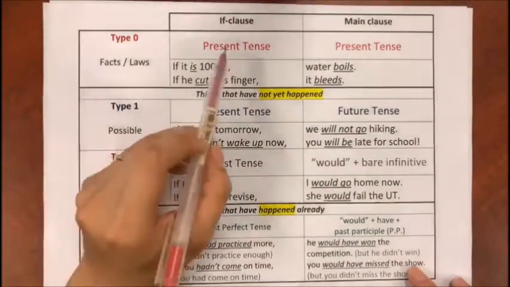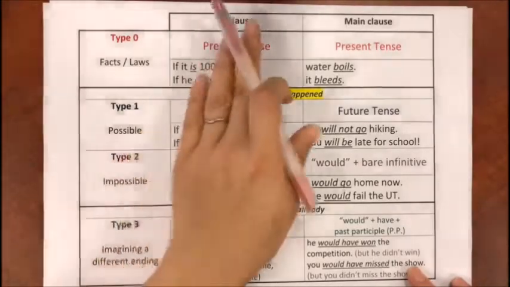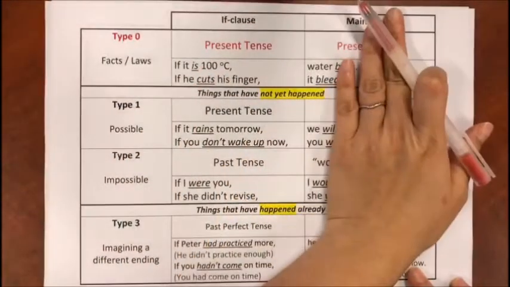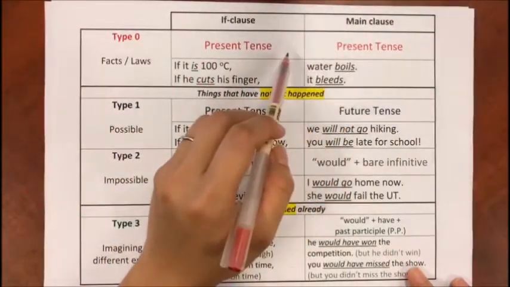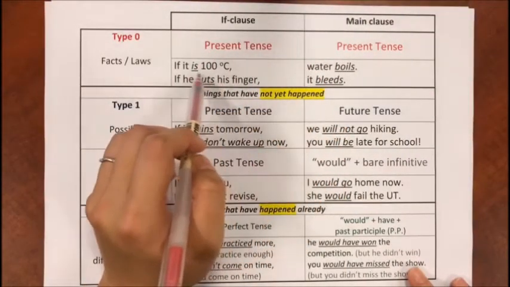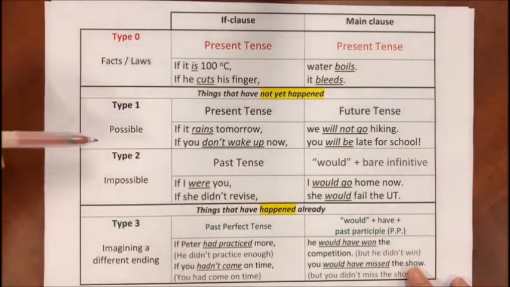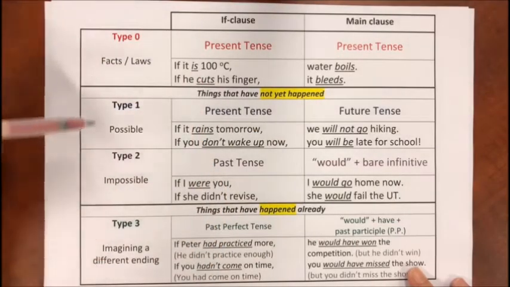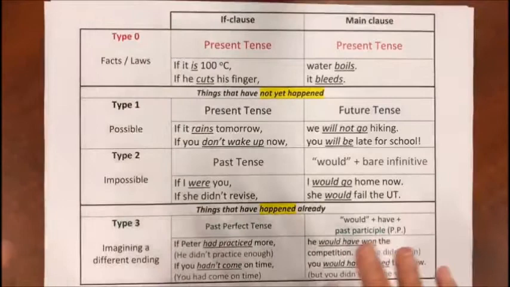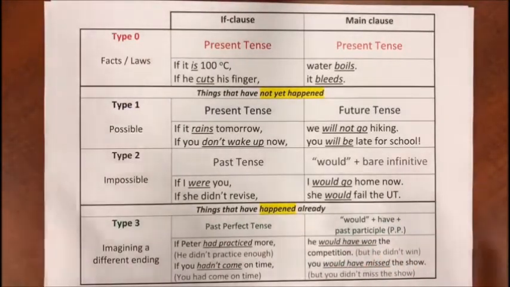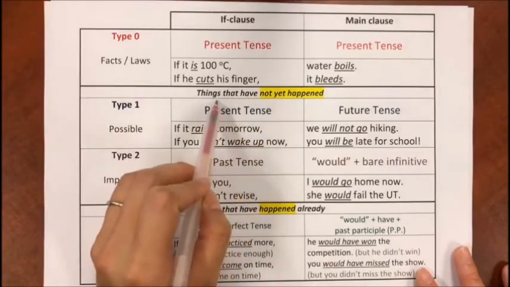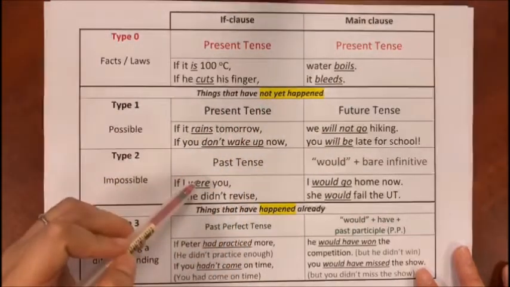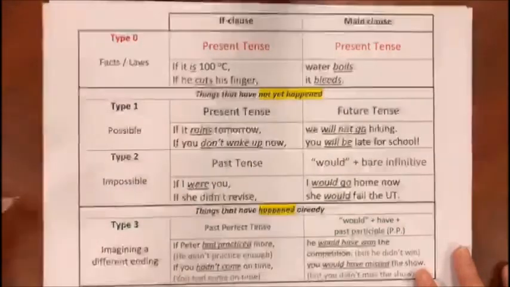But always remember, there must be an if clause, one part, and then a main clause, another part. And then there will be different combinations of tenses in the verb to show different types of conditional sentence. But it has no relationship with the time of the event. These things haven't happened, but we'll use past tense because we want to show it is a type 2 conditional.